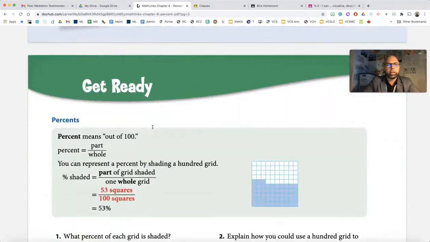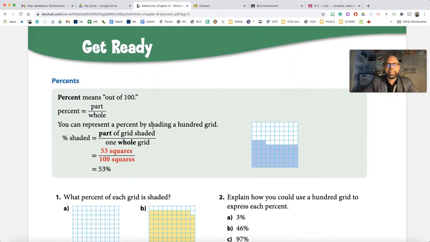More examples there. I want to get to this section. So a few key ideas here. A reminder, percent means out of 100. Percent literally means part of the whole, part of 100. If we have a 10 by 10 grid here, if all of these cells, let's call them, or boxes, are shaded in, that gives us 100 out of 100.